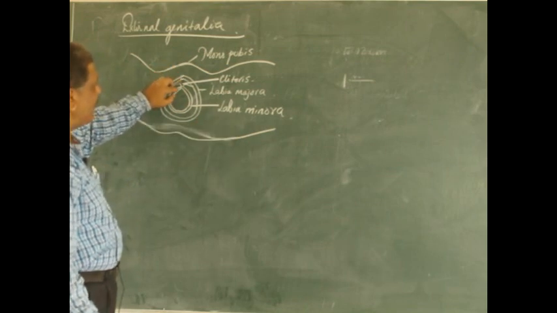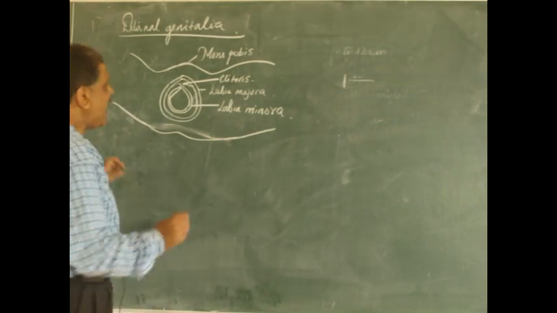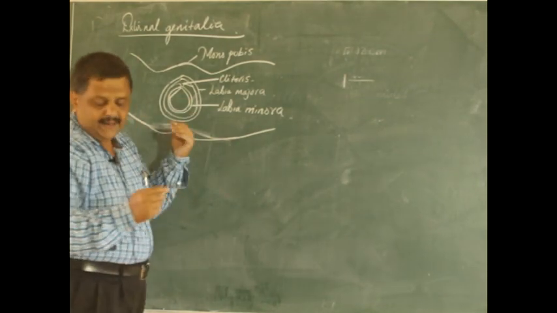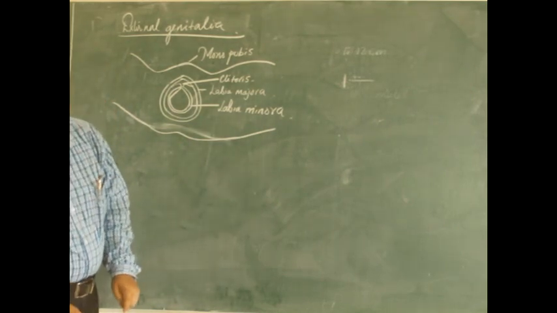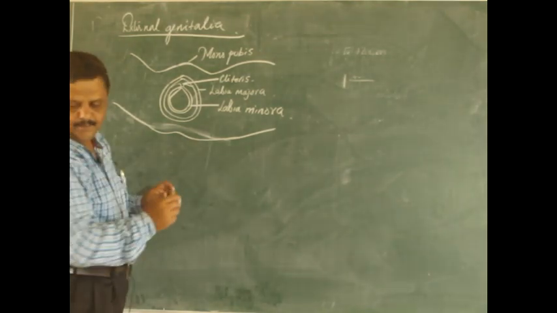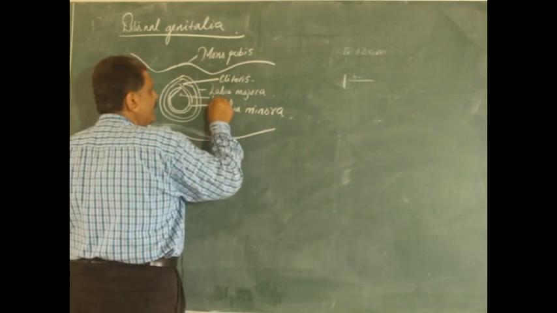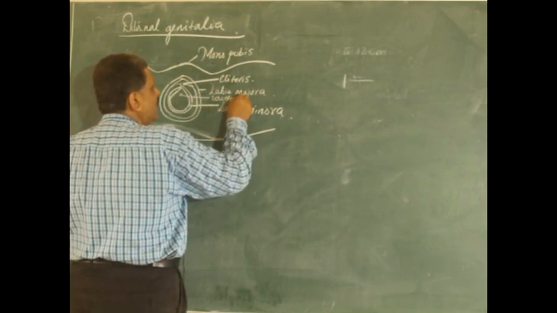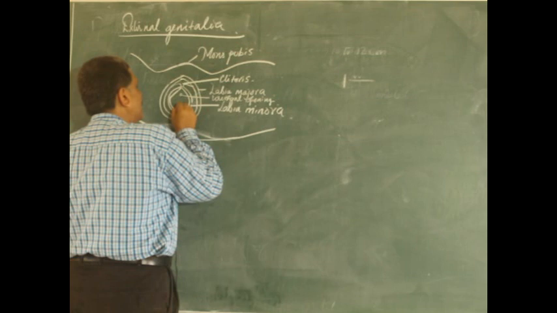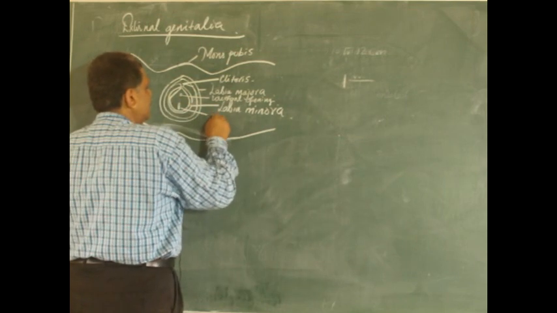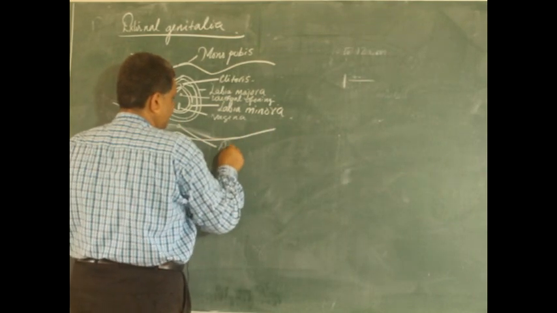In between the majora and minora, you can see a small finger-like projection that is called clitoris, and inner to the labia minora, you can see the urethral opening, and another portion that is called vagina. Here comes the anus.